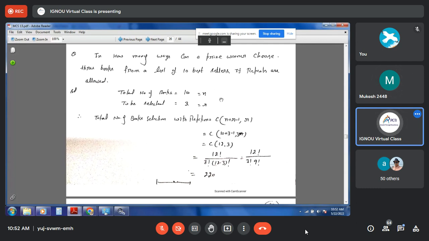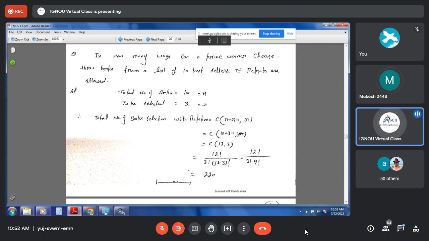Let us say this example. In how many ways can a prize winner choose 3 books from a list of 10 bestsellers if repeats are allowed? Repeats are allowed means you can select all the 3 books of the same subject. Here n is equal to 10, and to be selected, r is 3.